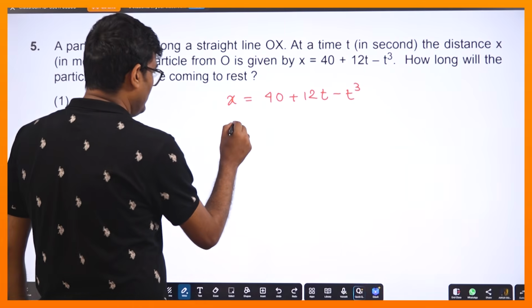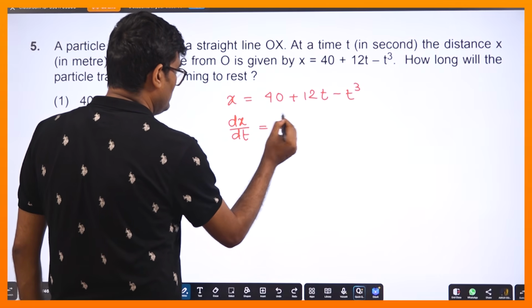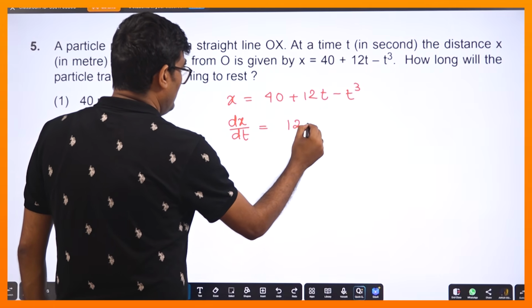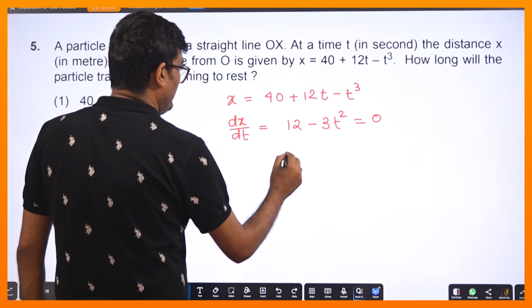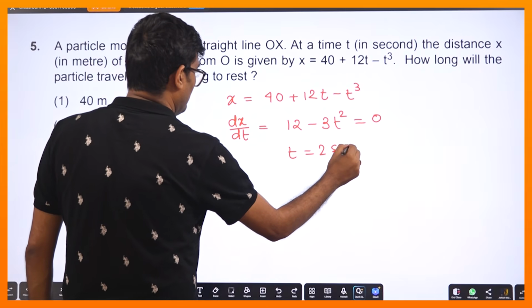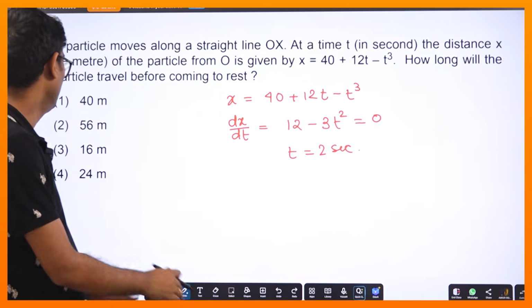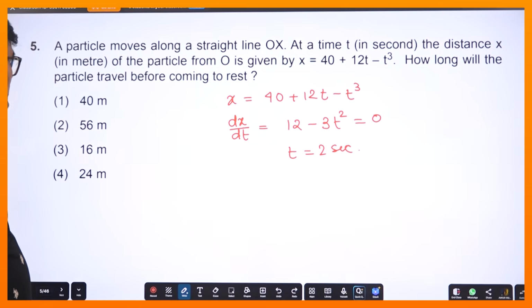Coming to rest means what? dx by dt is equal to 0. The velocity of the particle should be 0. So that is 12 minus 3t square is equal to 0. So t is equal to 2 seconds. How long? It says how long will the particle travel before coming to rest?